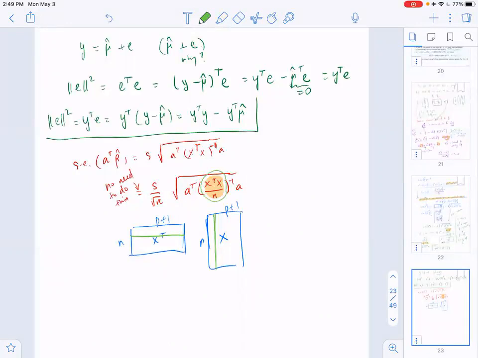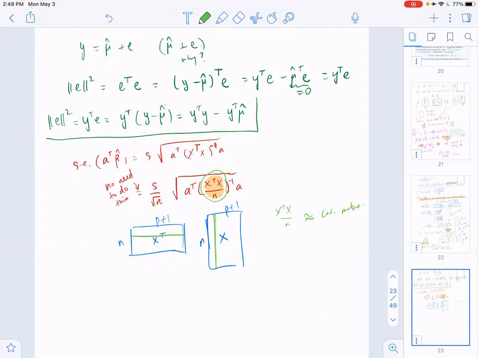Eventually, we can argue if things are random, X transpose X over n is roughly like a covariance matrix. It approaches the covariance if things are normal.